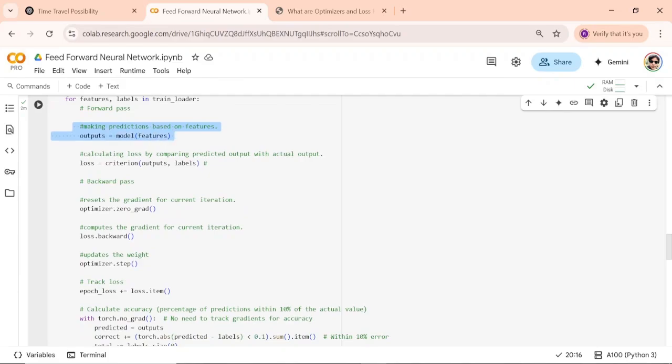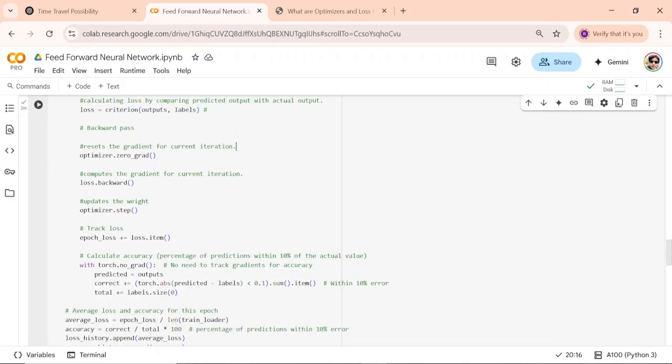It passes the input features and predicts some outputs. Predicted outputs are compared with actual outputs to find the loss. Loss means if the predicted output is equal to the actual output, the loss is 0. If there is a big difference, the loss is higher. It's a kind of mistake.